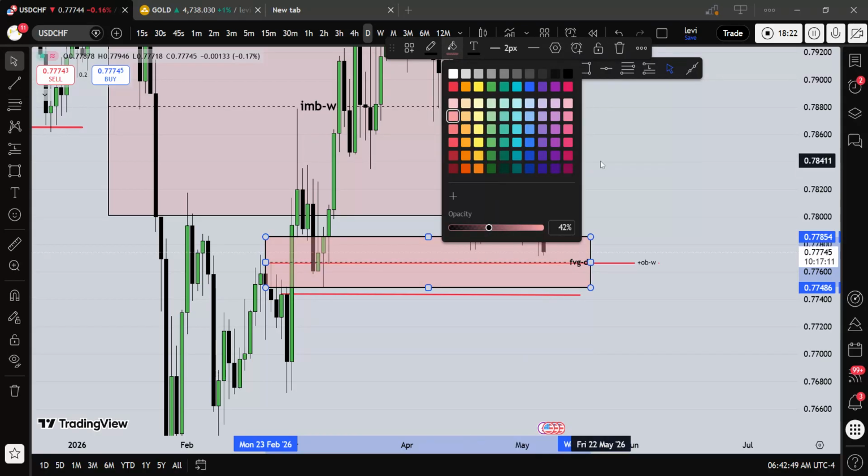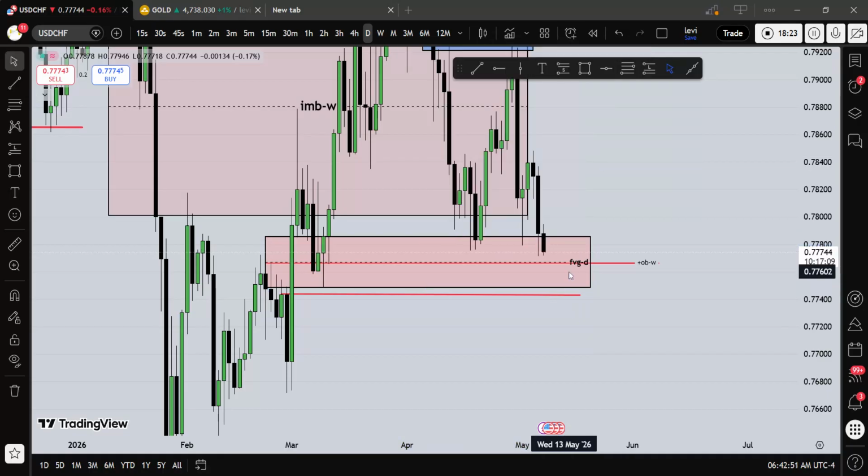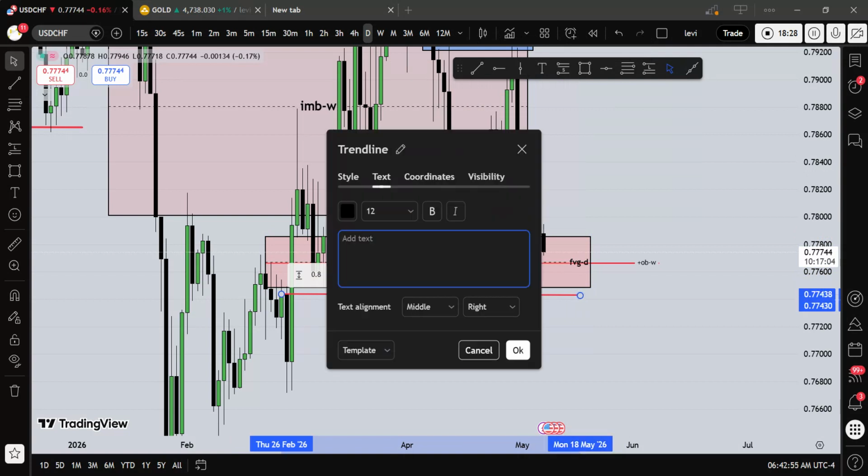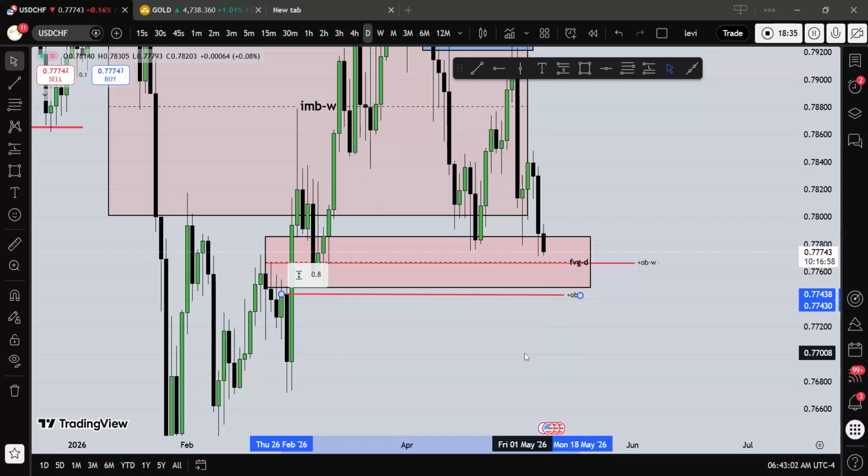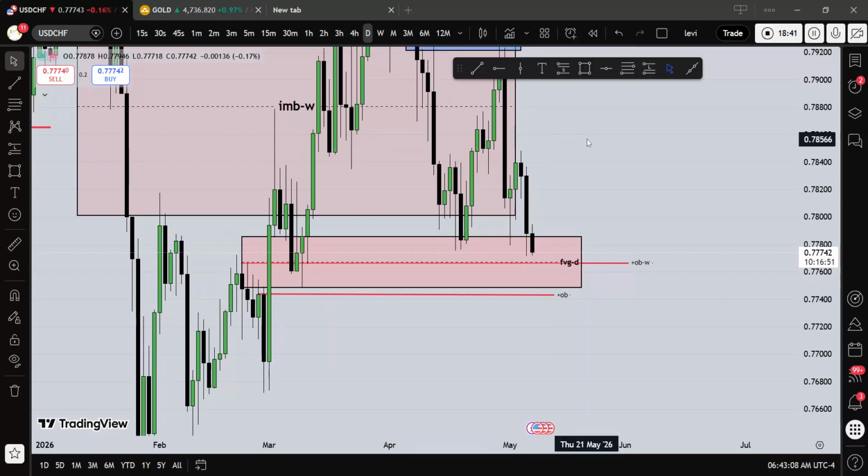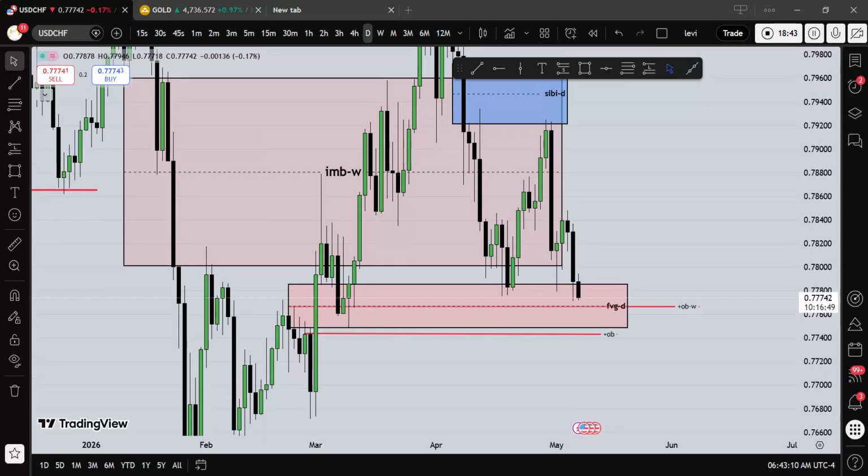So you can clearly see this bullish order block. Bullish order block is plus OB. So you take note of that. Bullish order block. So that's what we have on our higher time frame.